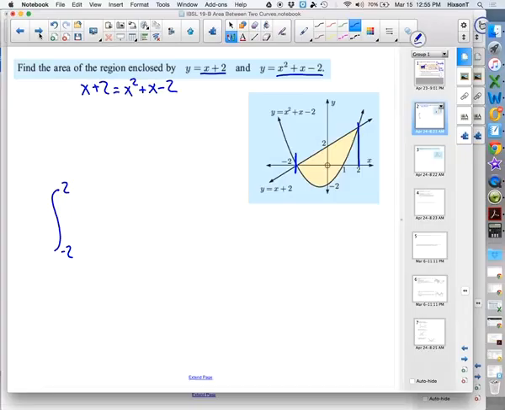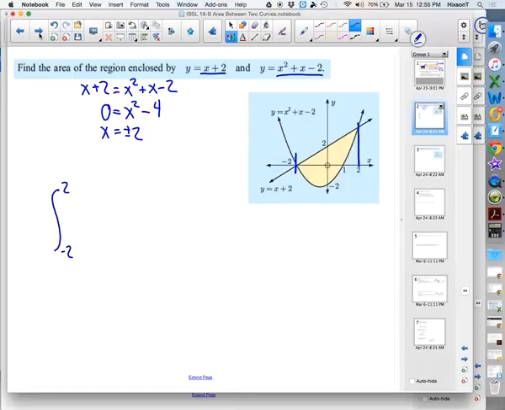So we get it equal to 0 since it's a quadratic. You get x squared, x minus x is 0, -2 minus 2 is -4, and you get x equals plus or minus 2. So there's our intersection points. If they're not given to us, we can find them.